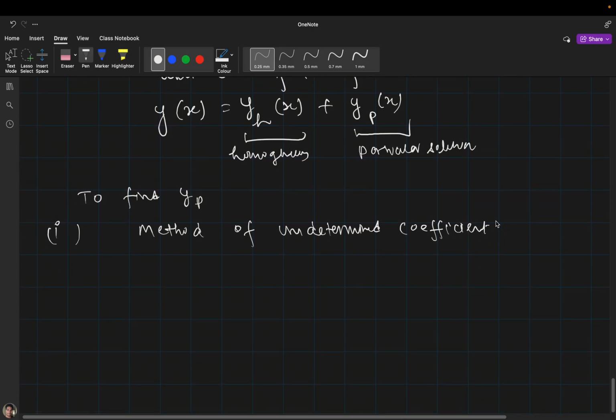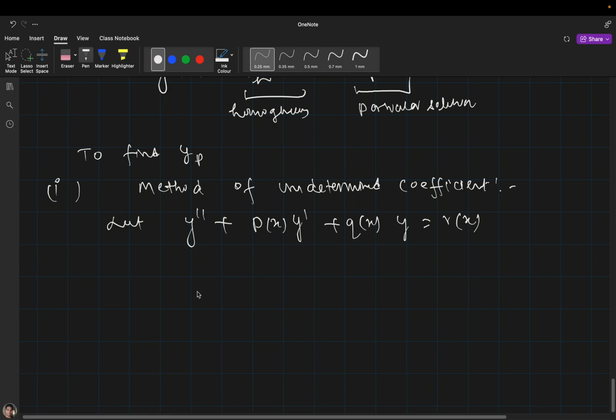Suppose we have a differential equation like this. Any kind of differential equation I can write in this form, not any kind, I mean linear. We will use one table, and that table is this.